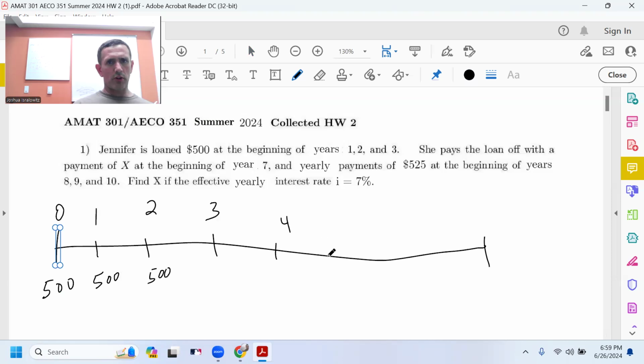So I'll just draw all these because why not? It only goes up to 10. I'll have to draw 2 more, whatever. All right, so this is the cash in.